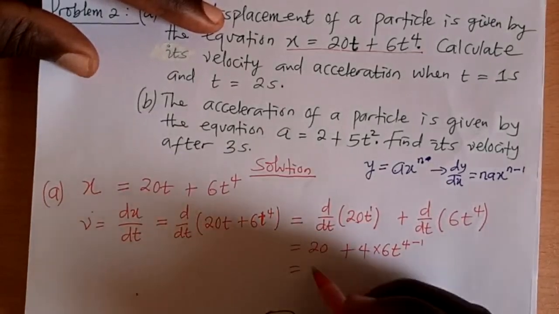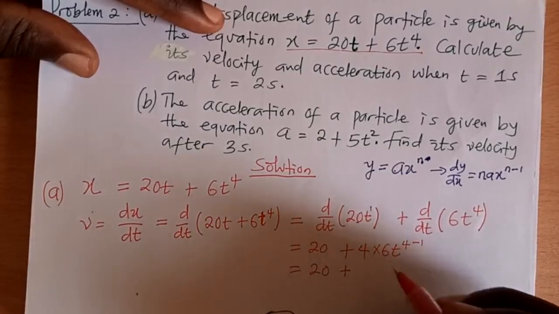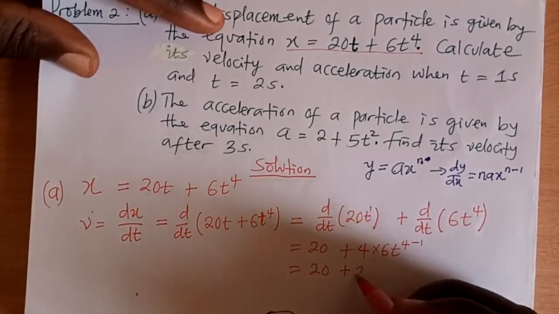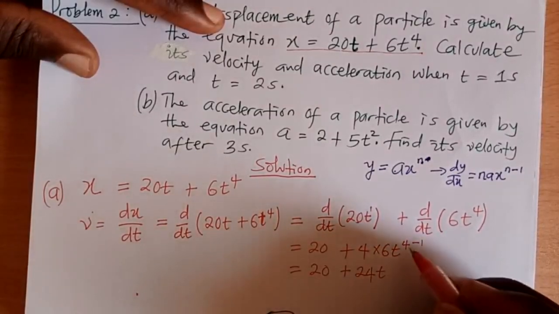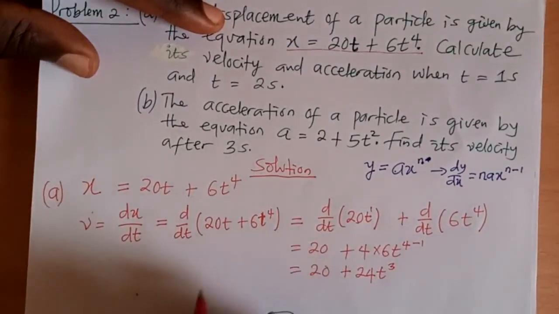This is equal to 20 plus 4 times 6, which is 24, t raised to the power of 4 minus 1, which is 3.